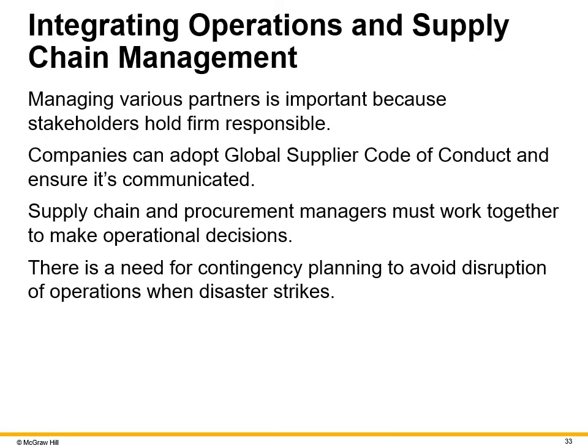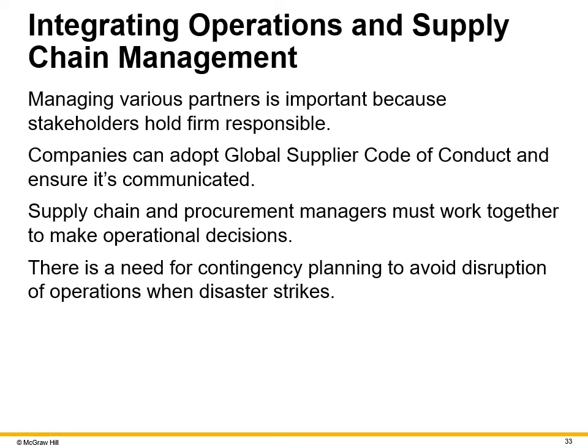Managing supply chains requires diligence and the ability to make quick tactical decisions. Managing partners in the supply chain and operations is important because many stakeholders hold firms responsible for appropriate conduct relating to quality.